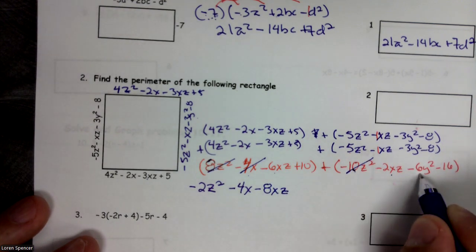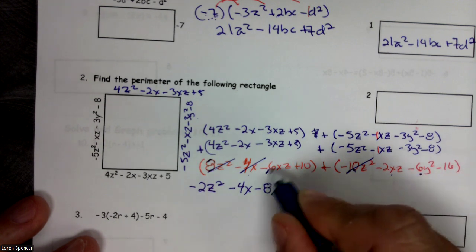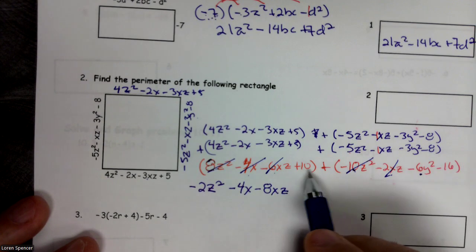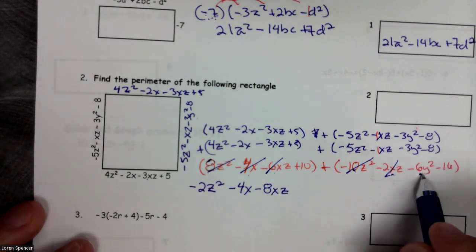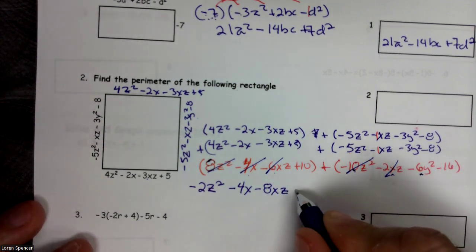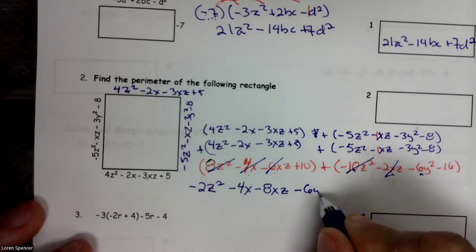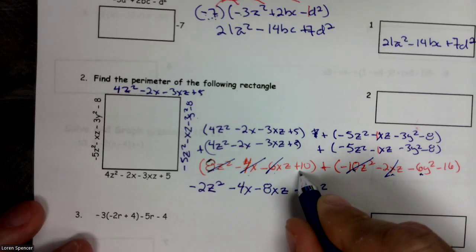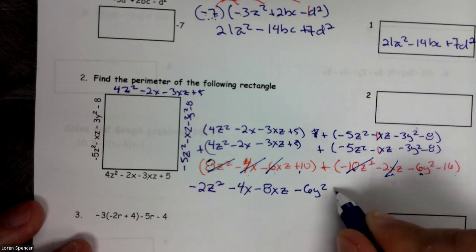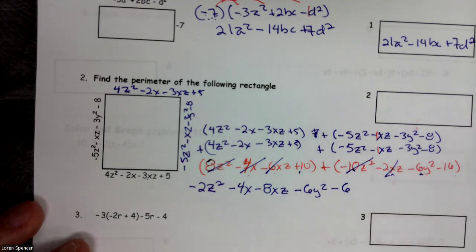I have a 6y squared, and I don't have any. Oh, by the way, I should cross this out. I have a 6y squared. I have nothing to combine with that, so I can just write it down, minus 6y squared. And I have a plus 10 and a minus 16, so that is a negative 6.